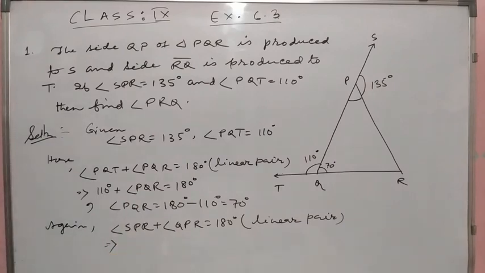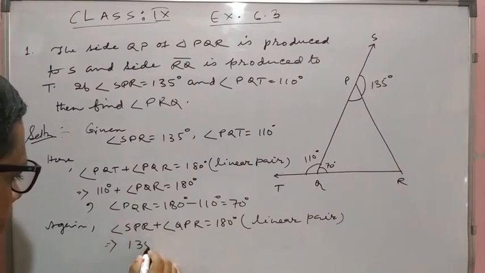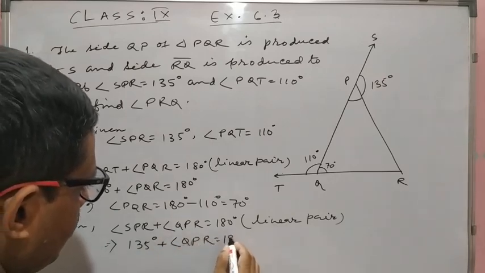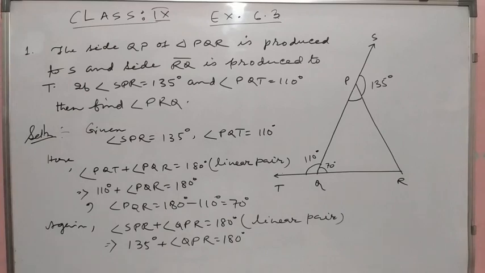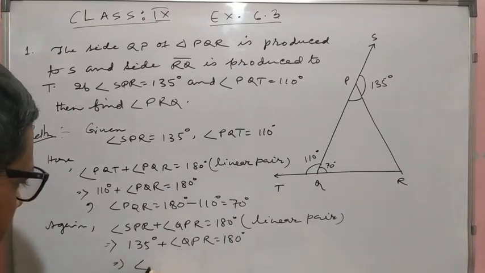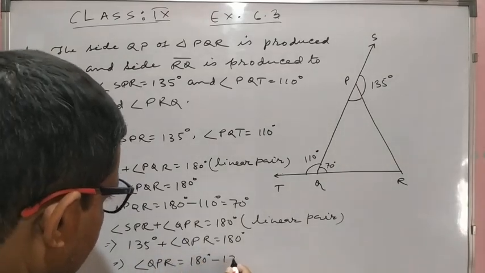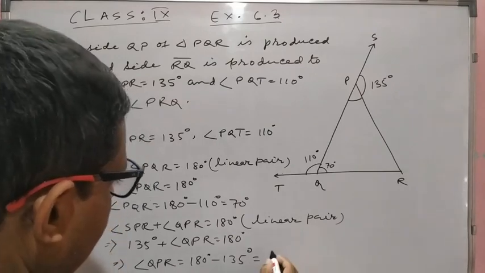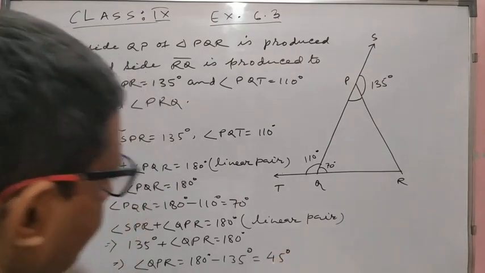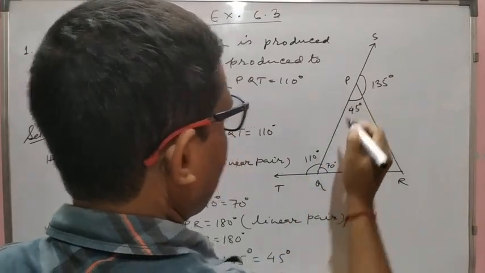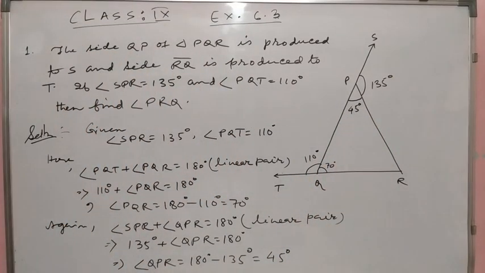So the measure of SPR is 135 degrees plus angle QPR equals 180 degrees. So this implies that QPR equals 180 degrees minus 135 degrees, so definitely it will be 45 degrees. So the measure of this angle is 45 degrees.